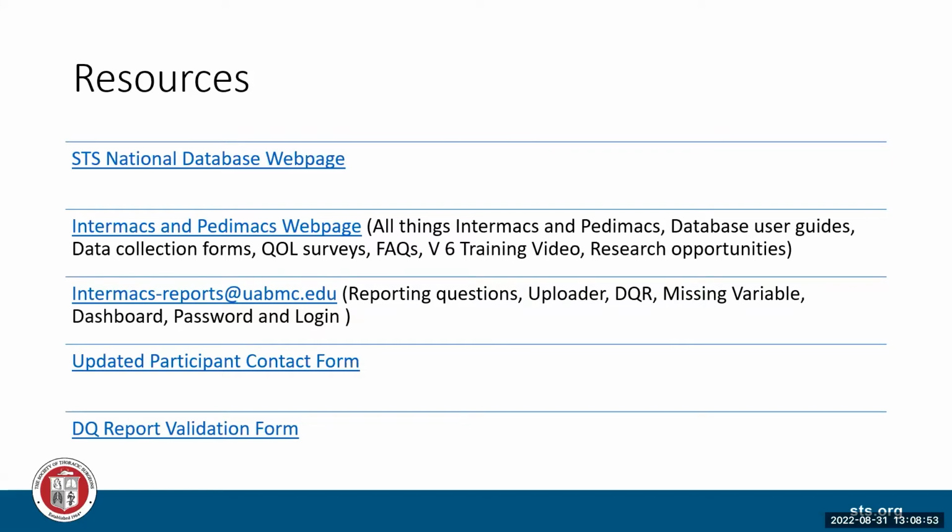There's also an option to print out all the data collection forms. We don't have the quality of life surveys posted, but there's a link to Jeannie Love's email at UAB. If you click that link, she'll be more than happy to send you the hard copies of the quality of life surveys.